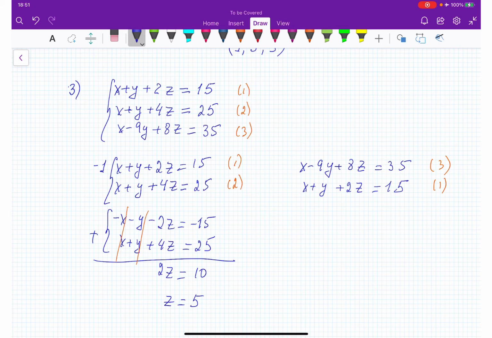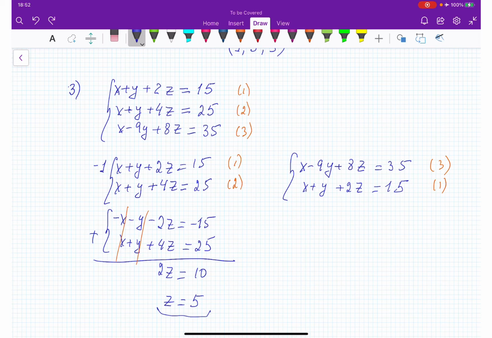So, what can we do here? I don't need to do any adjustment for now, but since I have the value of z, I can enter the value of these z's into the third one and first one, 8 times 5 here, and 2 times 5 here, and end up with a system of equations with two variables only, yes?